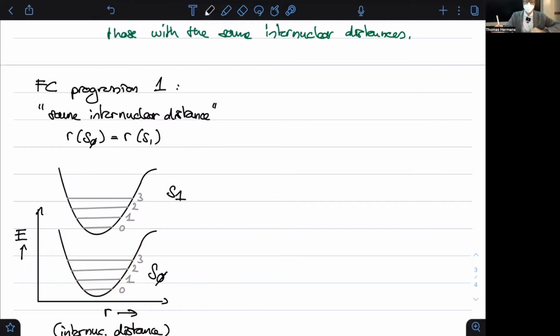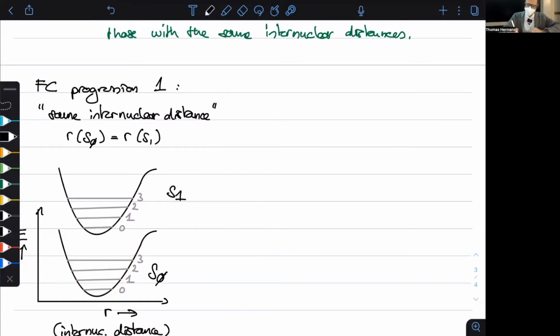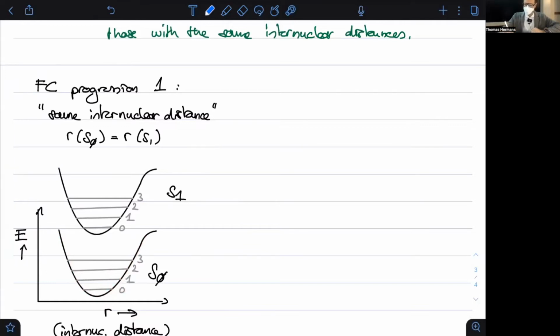And now I'm going to look at absorption. Okay, absorption, use blue. I'm at a certain internuclear distance, and I'm in the ground state, the 0th vibrational level. I'm going to shine some photon, and I get an absorption. So this Franck-Condon principle says that you can only go vertically up, straight up.